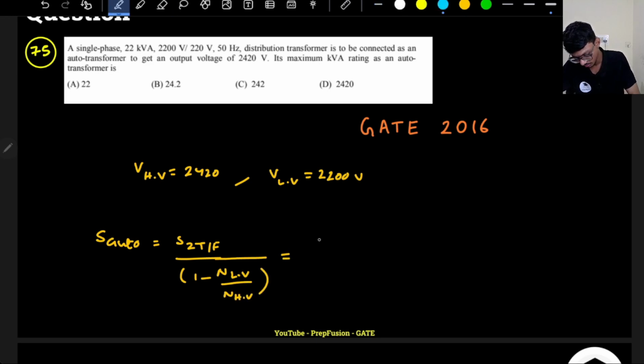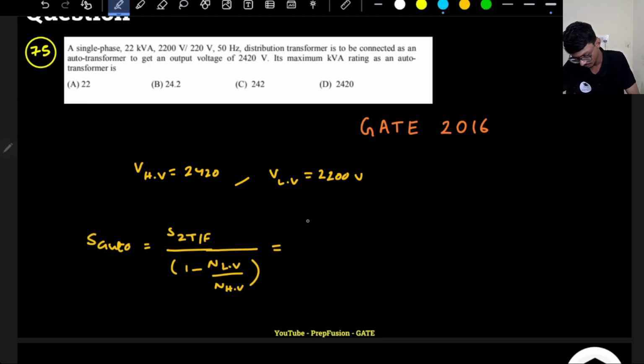The two-winding transformer has a kVA rating of 22 kVA, divided by 1 minus NLV, which in our case is 2200 divided by 2420.